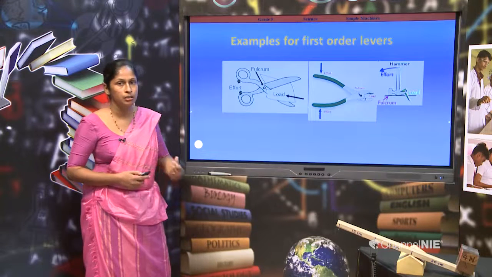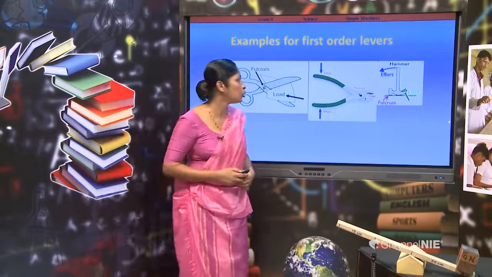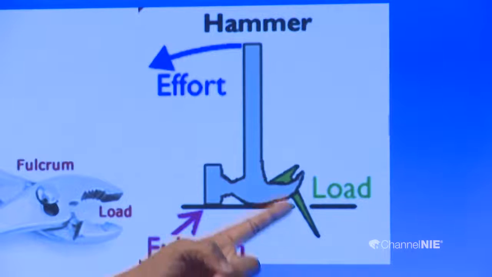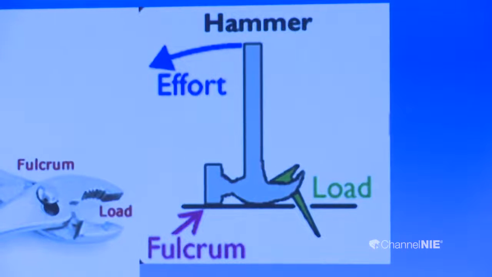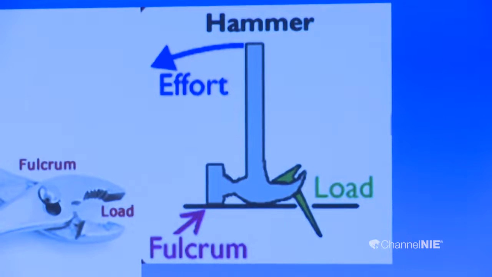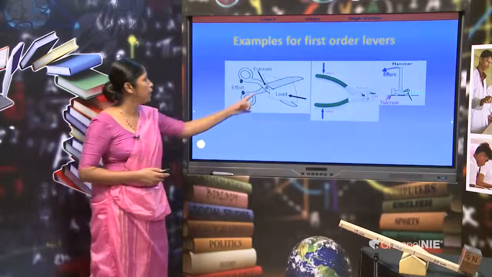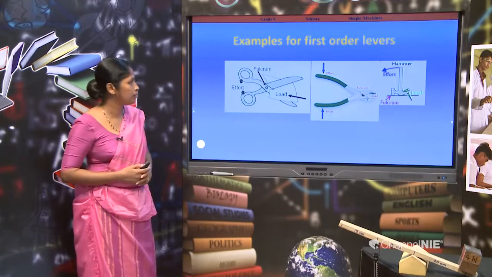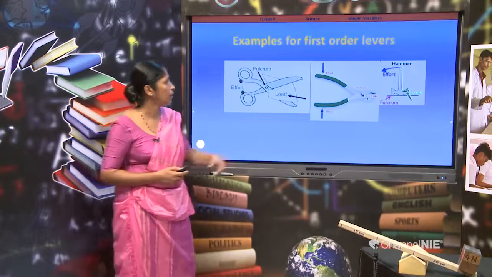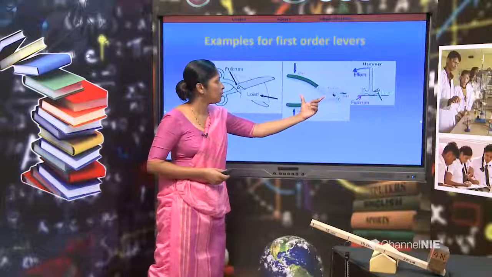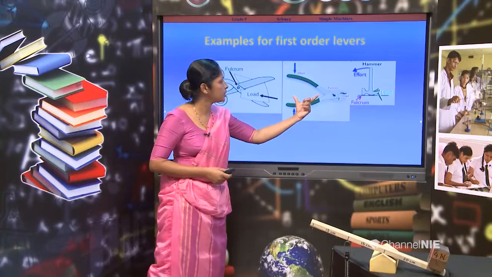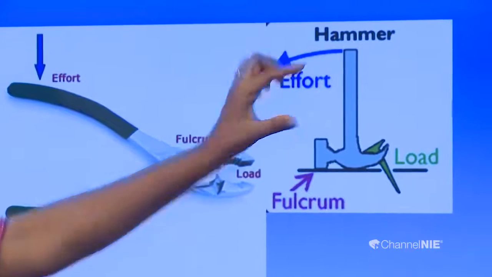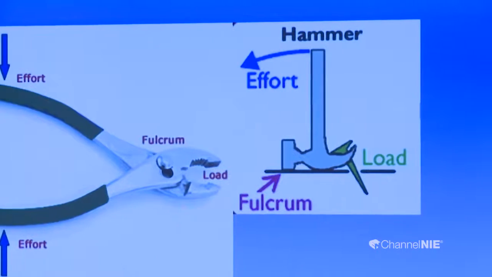And hammer, removing a nail, here is the fulcrum, load and effort. In all the three simple machines, fulcrum is in the middle, in between load and effort, and load arm is less than effort arm. Here also effort arm is greater than the load arm.